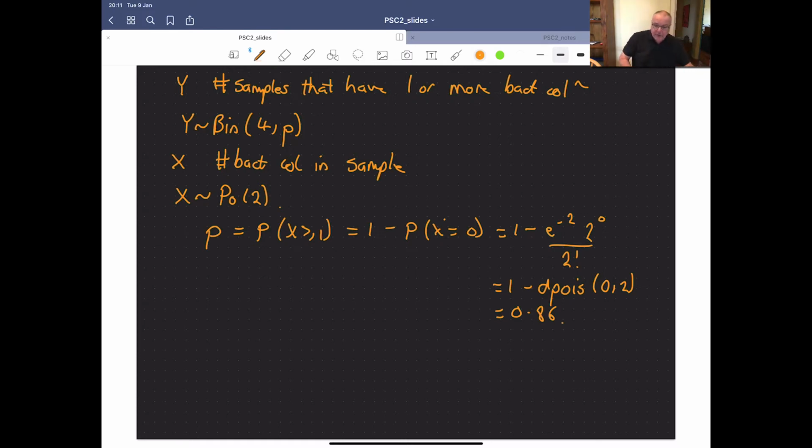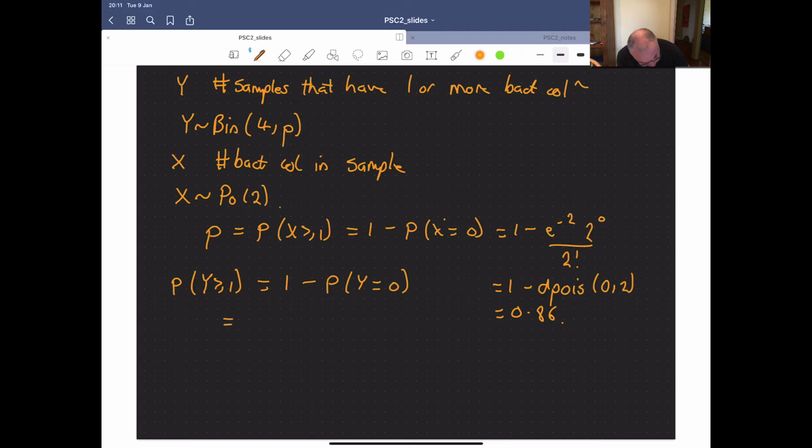Okay, so what does the question actually ask? What's the probability that we have one or more successes? So take each sample, success or failure. We want at least one or more successes, in this case one or more samples that contain one or more bacterial colonies. Well, that is going to be equal to 1 minus the probability that y equals 0.